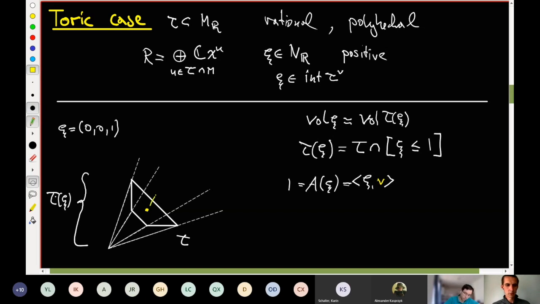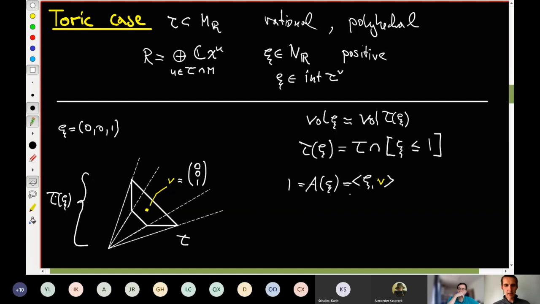So since we embedded this in height 1, the origin now is lifted to 0, 0, 1. Okay, so in this particular setting, this is our canonical weight here.